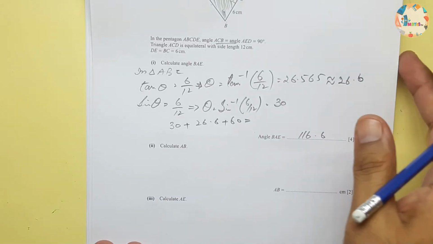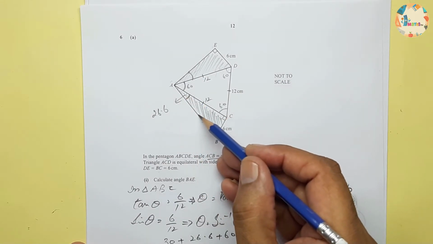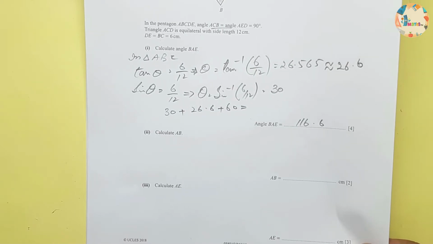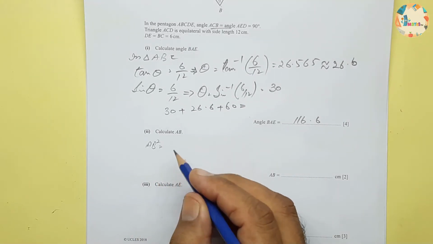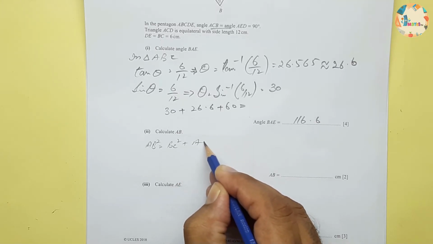Next part is calculate AB. AB is this side. So we have the other two sides, we can apply Pythagoras theorem. So AB squared will be equal to the other sides, which is BC squared plus AC squared.